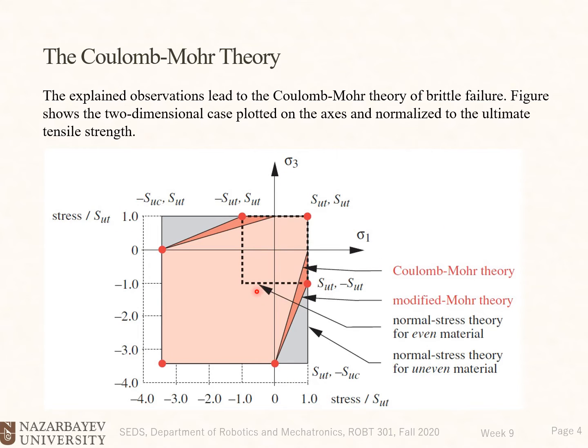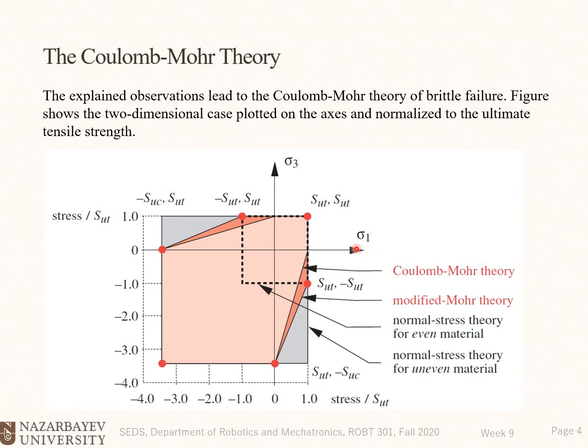It's very similar to the ellipsoid that we had for von Mises theory, or the hexagon for the maximum shear stress theory, okay. On this one, we need to first find 4 points. The first one is SUT.